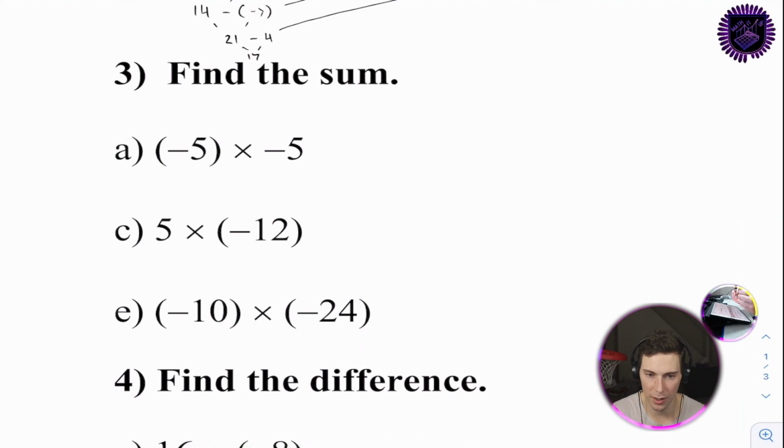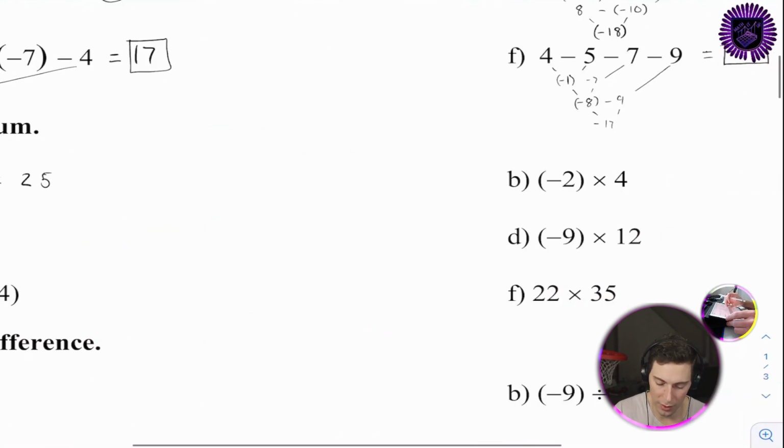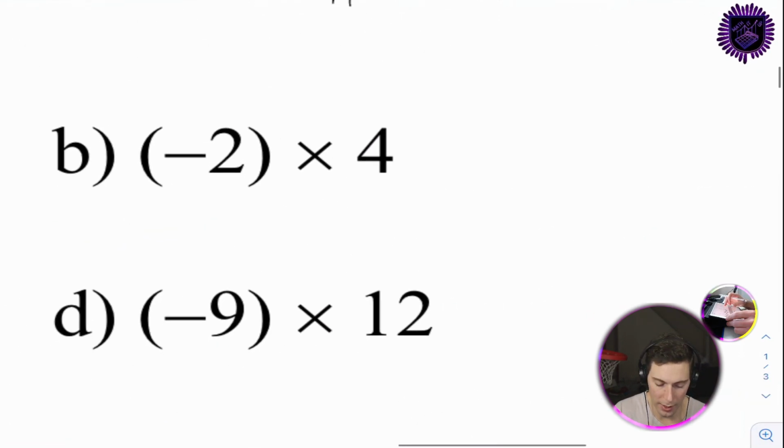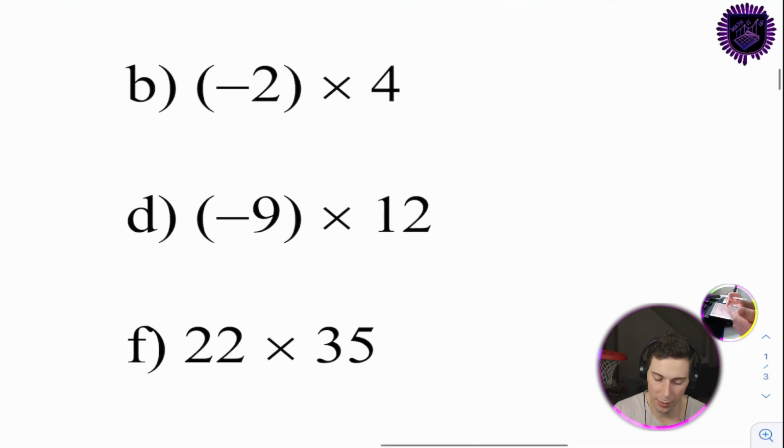So negative times negative, or negative divided by negative, is a positive. So this is going to equal 25. And I'm missing a parentheses here. Gotta fix that. All right. Positive 25, sorry. Just 25. Now, 1 negative times a positive times a positive is going to be a negative. So this is going to be equal to -8.